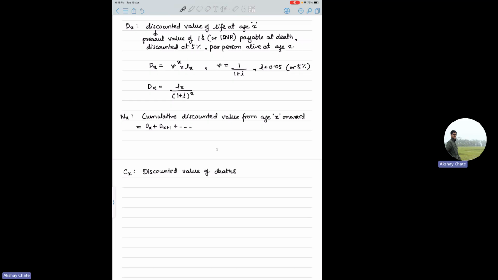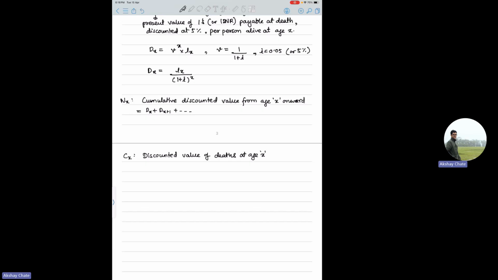This is the discounted value of deaths at age x. The definition is similar to Dx, but instead of per person alive at age x, we take per person who died at age x or by age x.